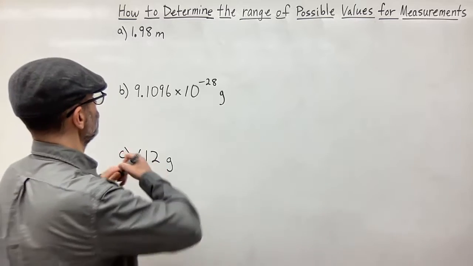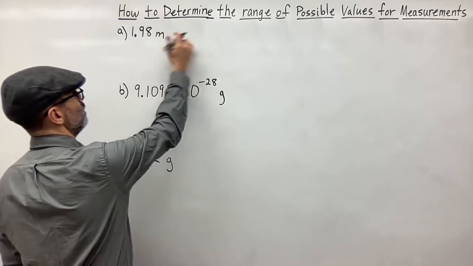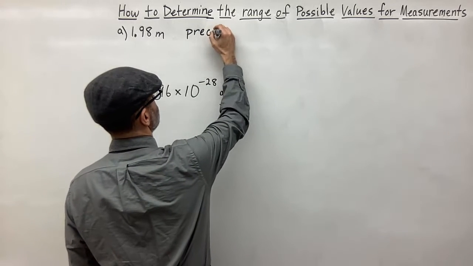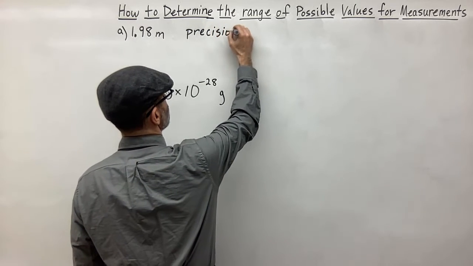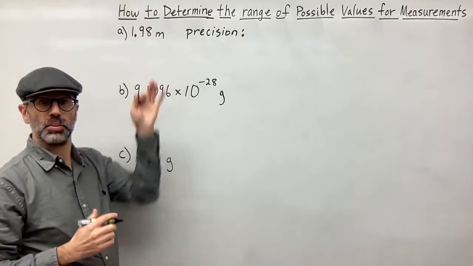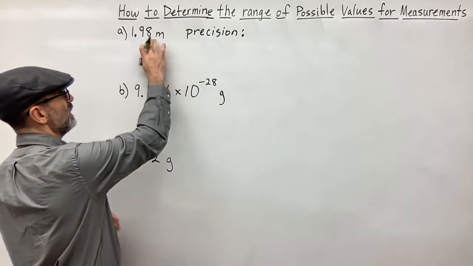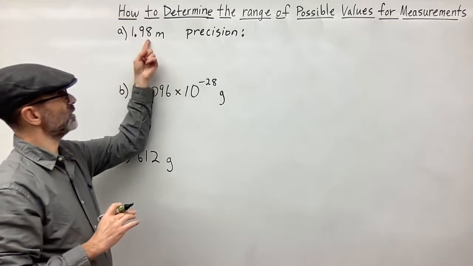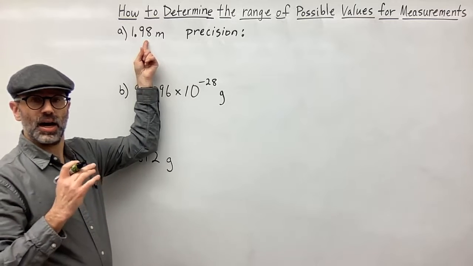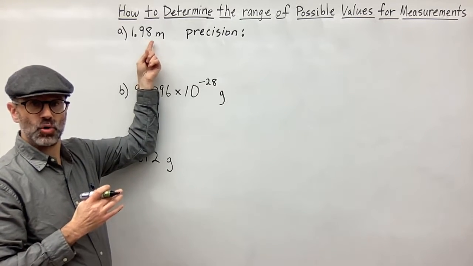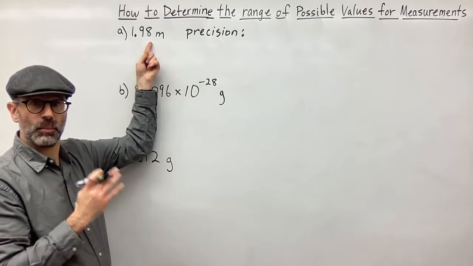So the precision for this is going to be plus or minus one in this digit right there. But that digit is in what place? It's in the hundredths place. So it's going to be plus or minus 1/100th of a meter.